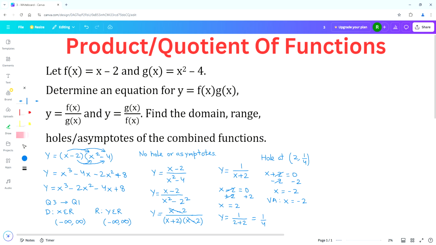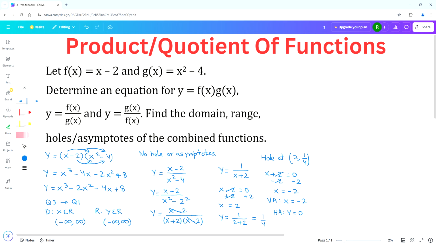Now we can find the horizontal asymptote. In this rational function y = 1/(x + 2), the degree of the expression in the numerator is 0 because there is no x term in the numerator. The degree of the expression in the denominator is 1 because of the x term. Since the degree of the numerator expression is less than the degree of the denominator expression, the horizontal asymptote in this rational function is at y = 0.